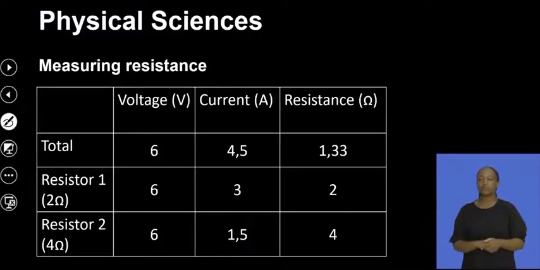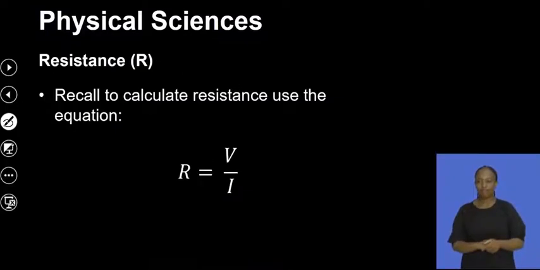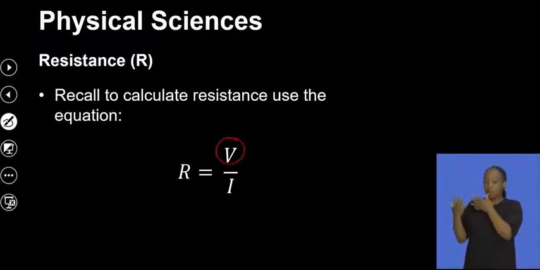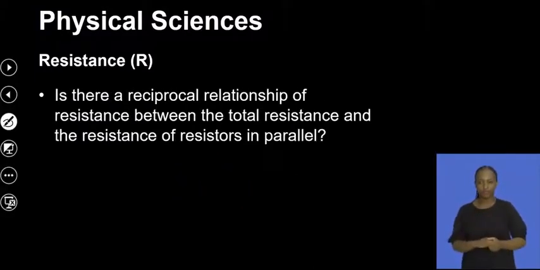We've realized that the current through R1 is greater compared to that of R2, because R2 is twice R1. And then we also recall that resistance uses that equation. So for the same potential difference, the greater the resistance, the smaller the current. You need to understand that mathematical relationship as well.